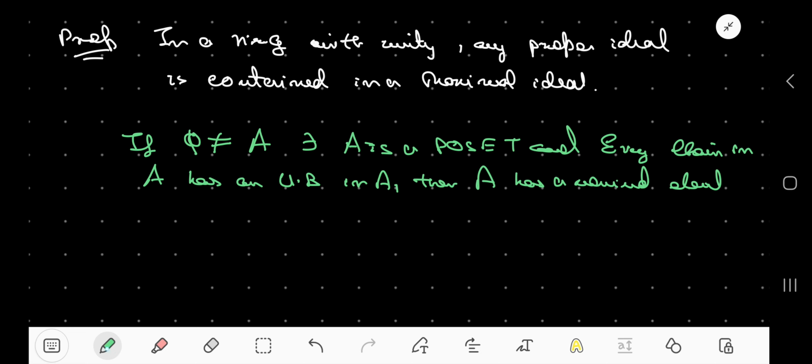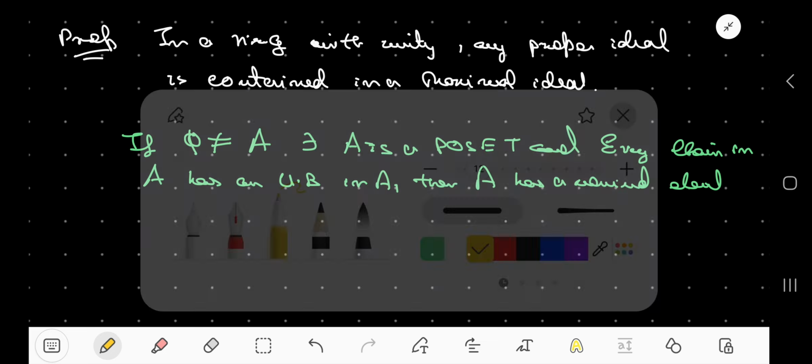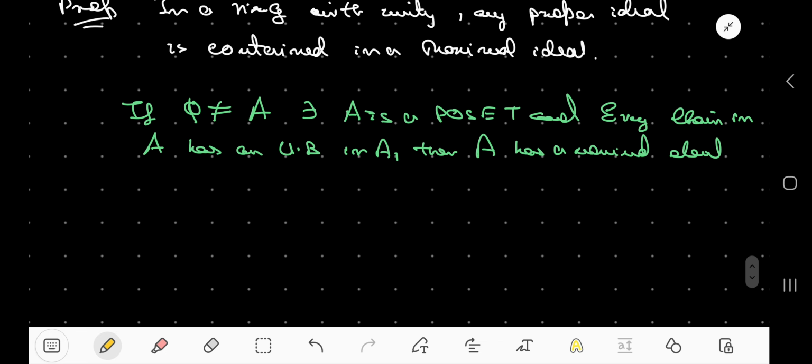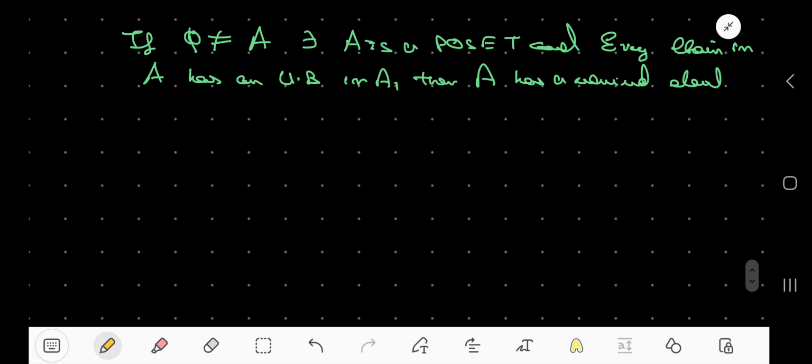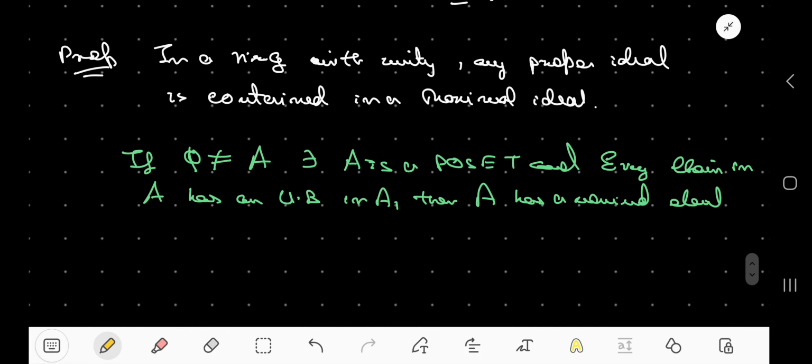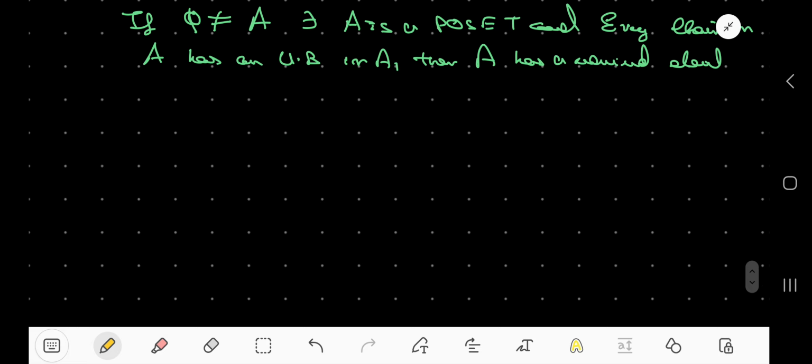So we try and frame it in a similar way. How do we prove this? R is a ring with unity, therefore R has a non-zero element, at least that is 1. Now if I choose any proper ideal I, how do I show it is contained in a maximal ideal?